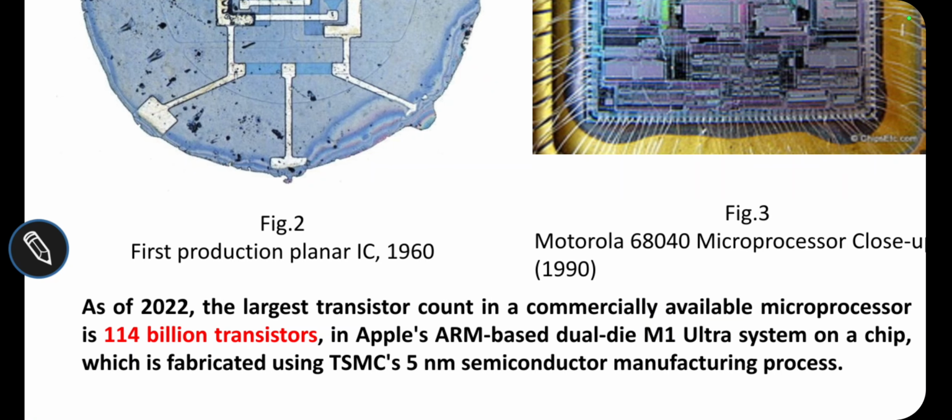Here it is given, I'll just read it to you. 114 billion transistors in Apple's ARM-based dual die M1 Ultra system on a chip. This is fabricated by TSMC, Taiwan Semiconductor, an industry available in Taiwan.